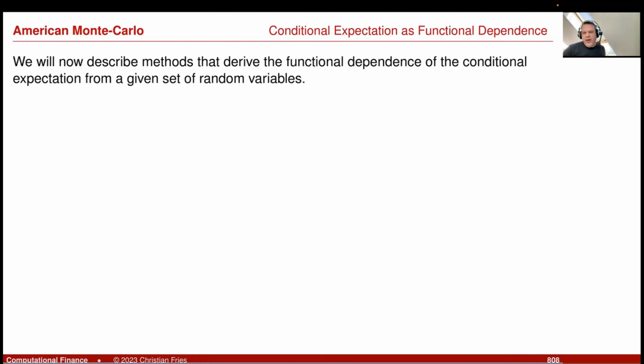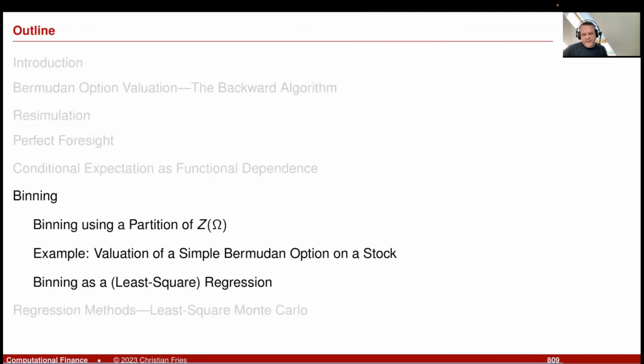And now I would like to describe methods that allow me to derive this functional dependence. So I'm now one step further, moved from the abstract F t1 conditional to the z conditional. So I would like to describe the conditional expectation as a function of this z. And going back to our little computer implementation, there was already an idea.